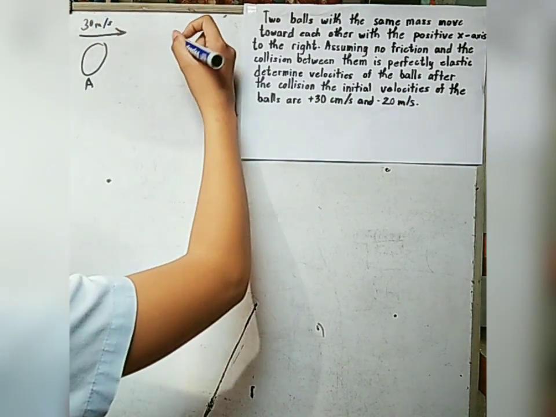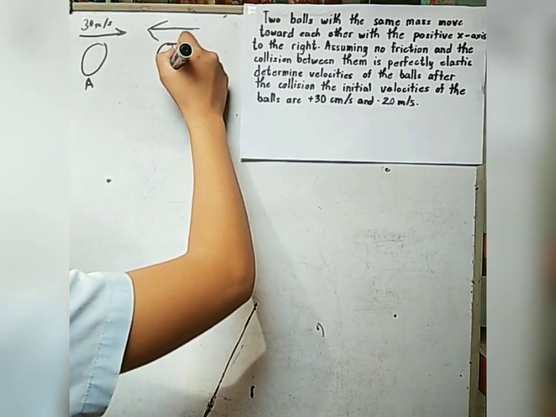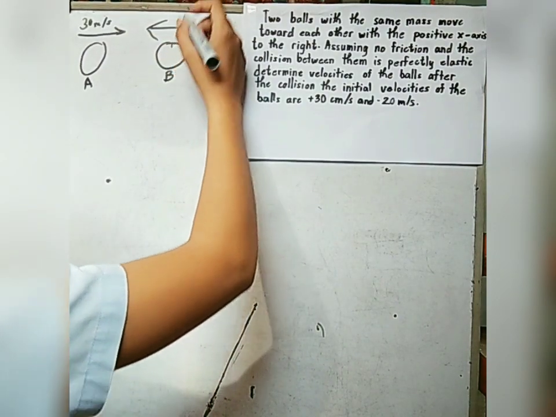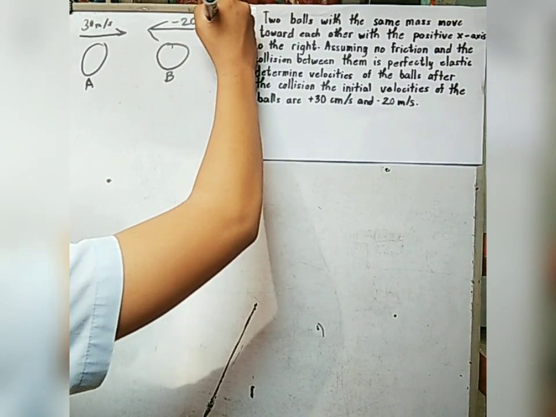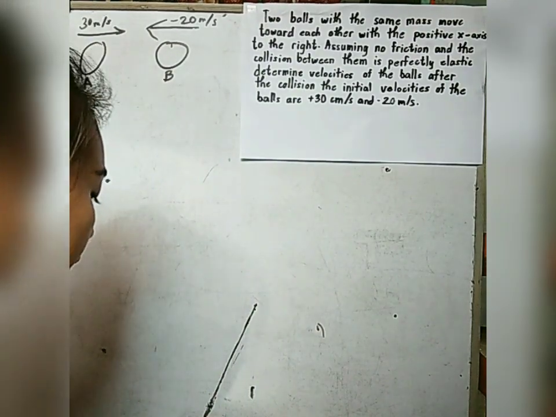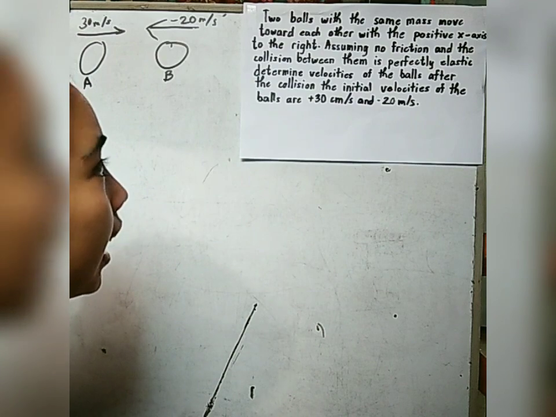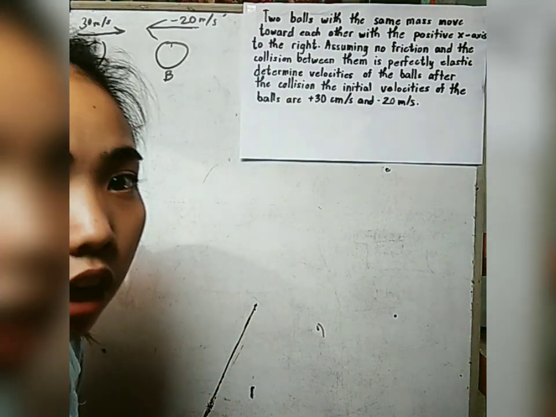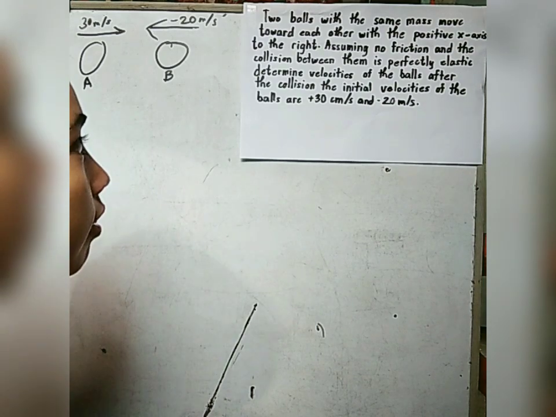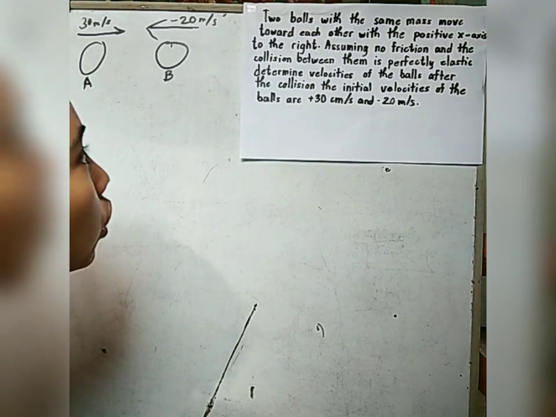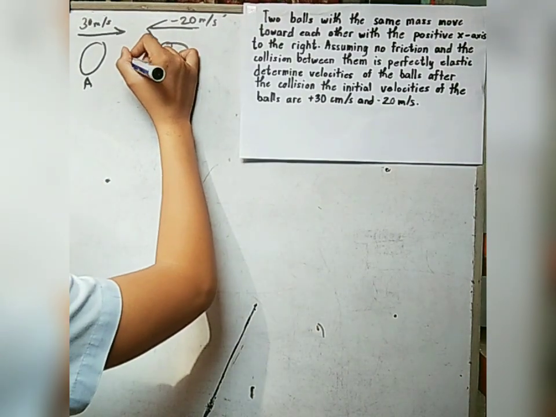And the other ball, which is to the left, ball B, is at negative 20 meters per second. Now, what was given to us are only their initial velocities, and we will find their final velocities after the collision. And it says that their masses are equal.